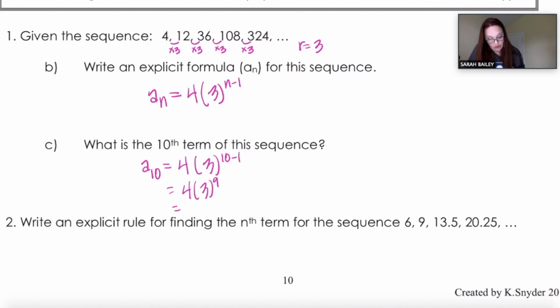So 3 to the 9th power is going to be 19,683. And then we're going to multiply that by 4. 4 times 19,683, which would be 78,732. That is a very large number.